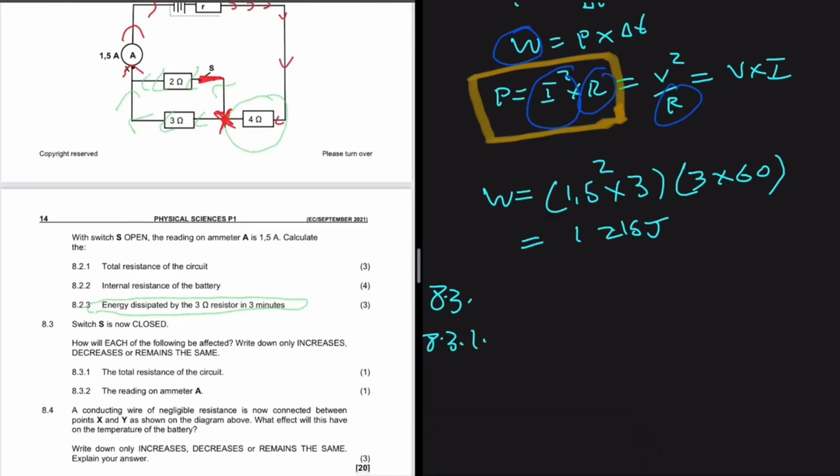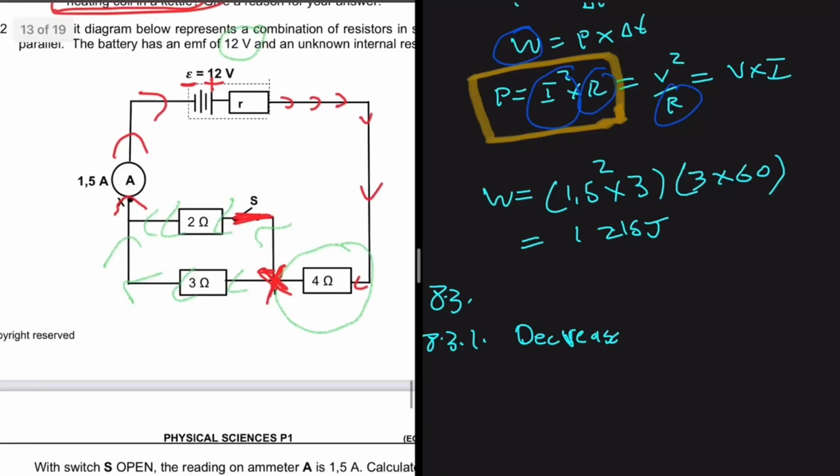8.3.1, the total resistance of the circuit. The total resistance of the circuit will decrease. Why am I saying so? Because if the current splits here, then the 2 ohm resistor and the 3 ohm resistor are now in parallel with each other. So R external will be equal to R in series plus the resistance in parallel.